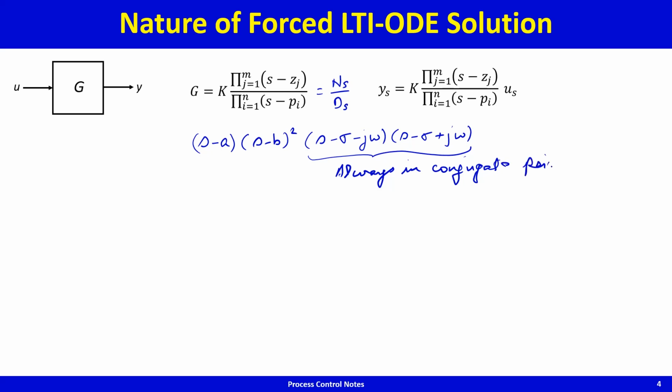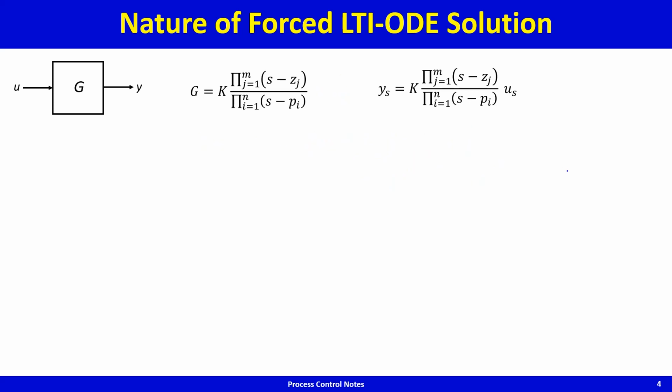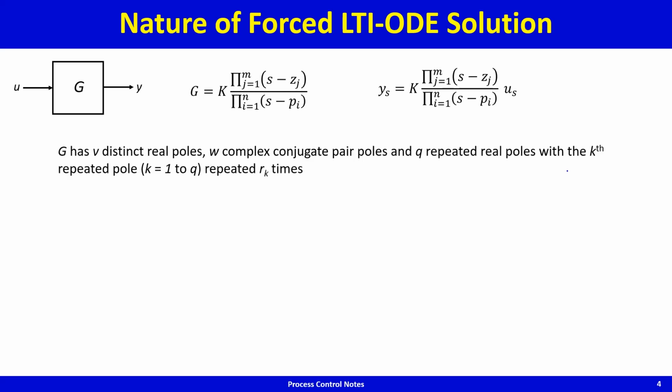So what we then have is, you could have a total number of roots, n total roots, the total number of poles of the transfer function.